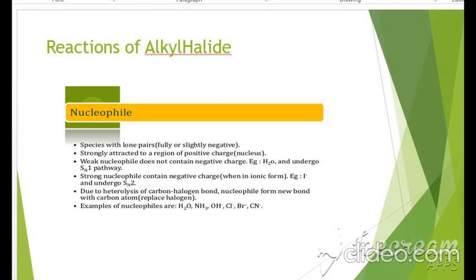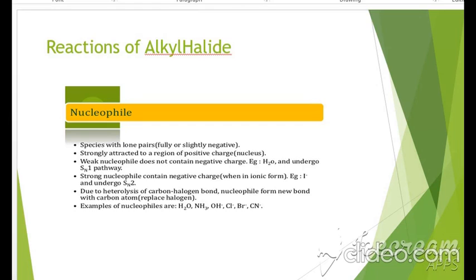So a nucleophile is a species that contains an unshared pair of electrons or a negative charge. It is rich in electrons and attracts and loves the nucleus body.